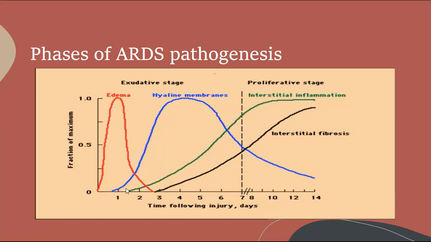Then you start to have hyaline membrane formation, which usually peaks at 4 to 5 days and starts to go down. The interstitial inflammation starts on the second day and peaks after the first week, and the fibrosis usually starts after 3 weeks.